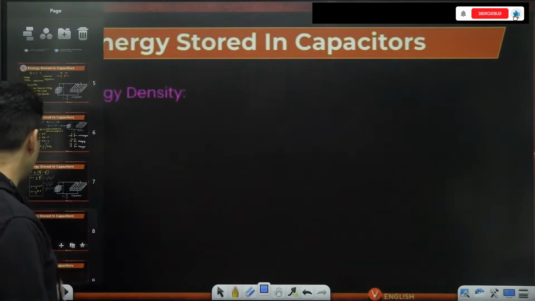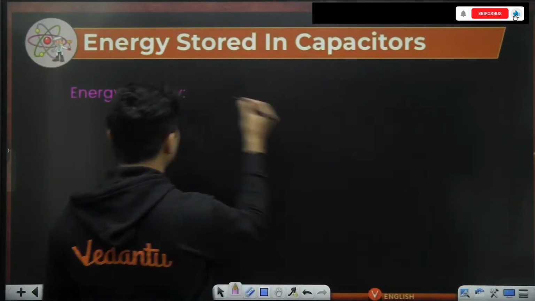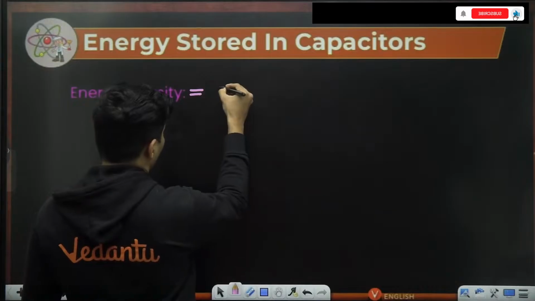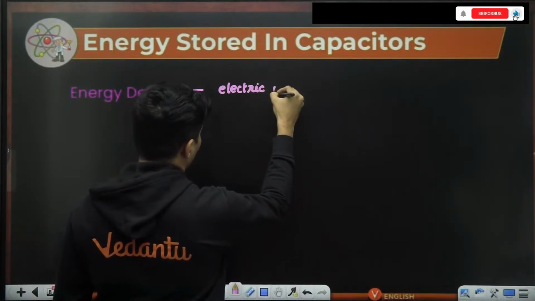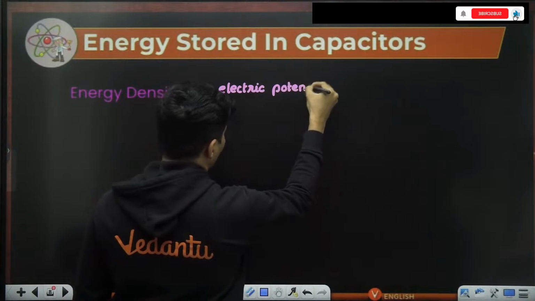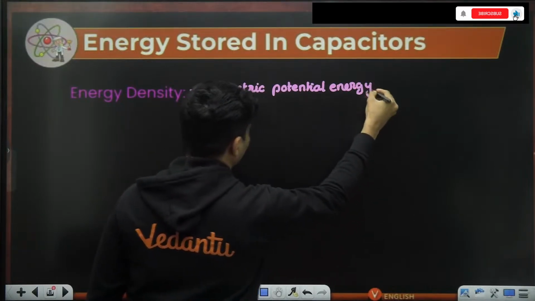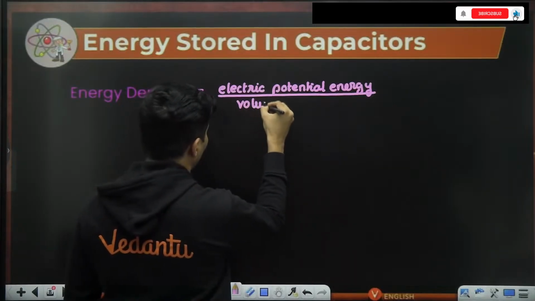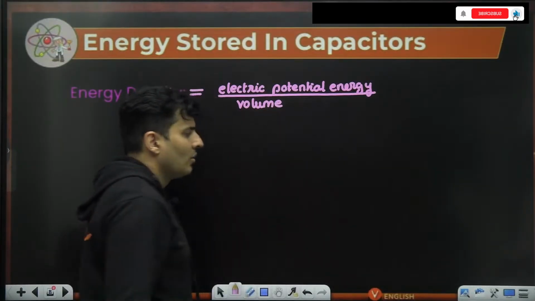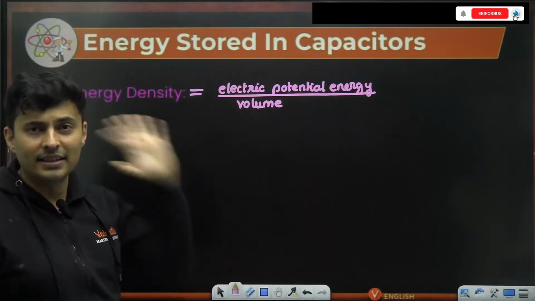That gives me the next term, which is called the energy density, which is nothing but the electric potential energy per unit volume, that's it. So that is your energy density.